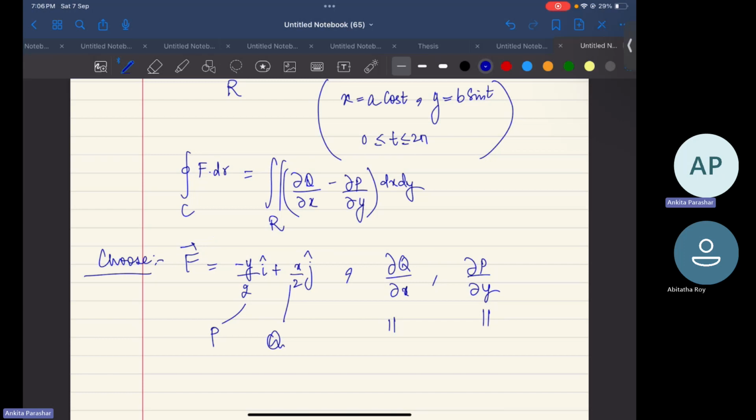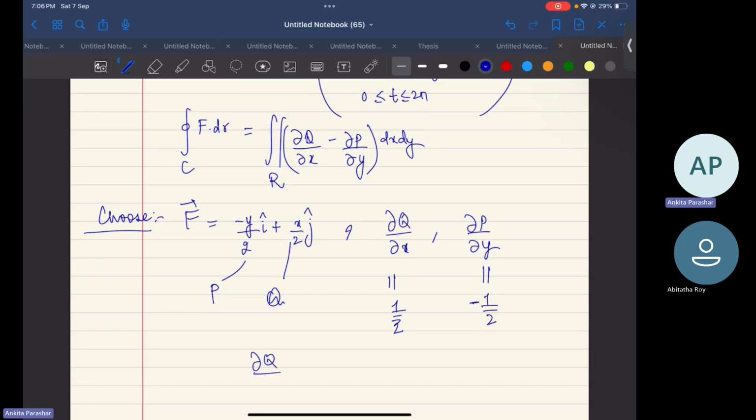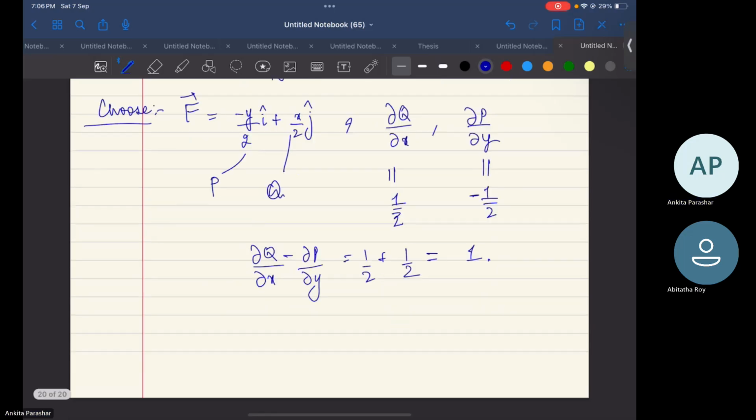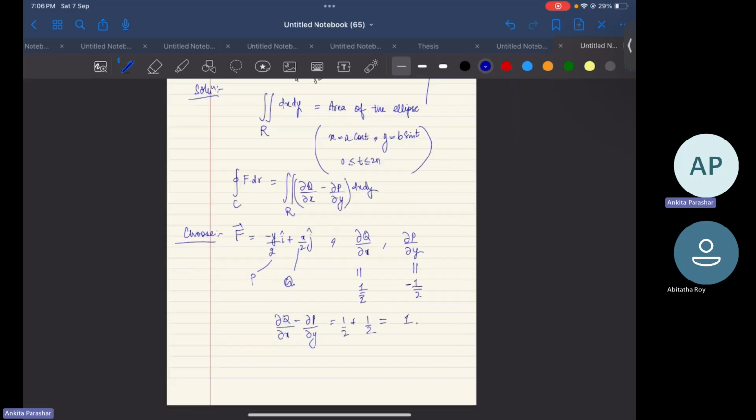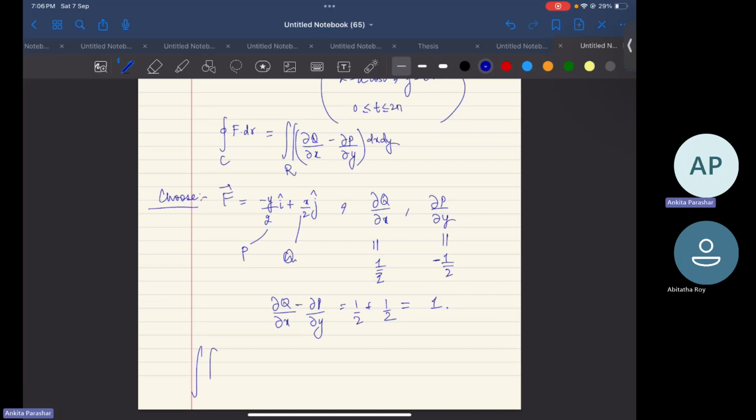This should be okay now. This is half, right? So del Q by del x minus del P by del y is nothing but half plus half, it is 1. Let me write what I want to say. So the double integral of del Q by del x minus del P by del y dx dy over the region R is nothing but the integral of dx dy over the region R. Do you agree?